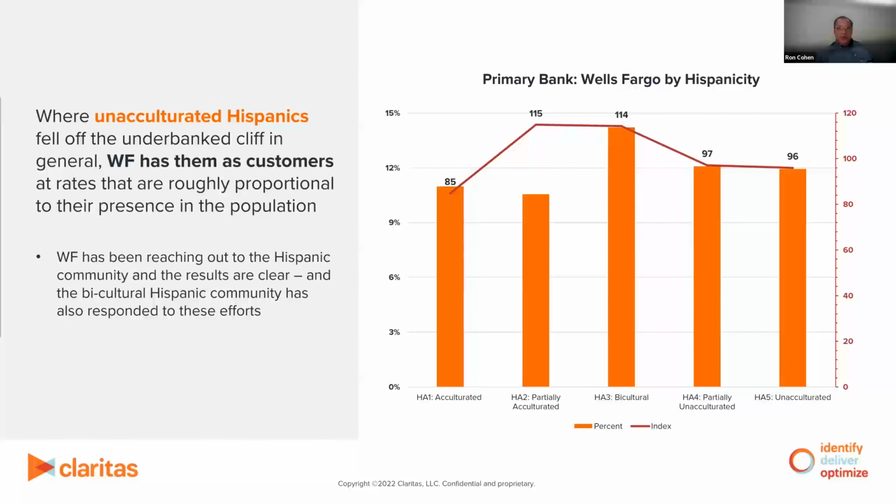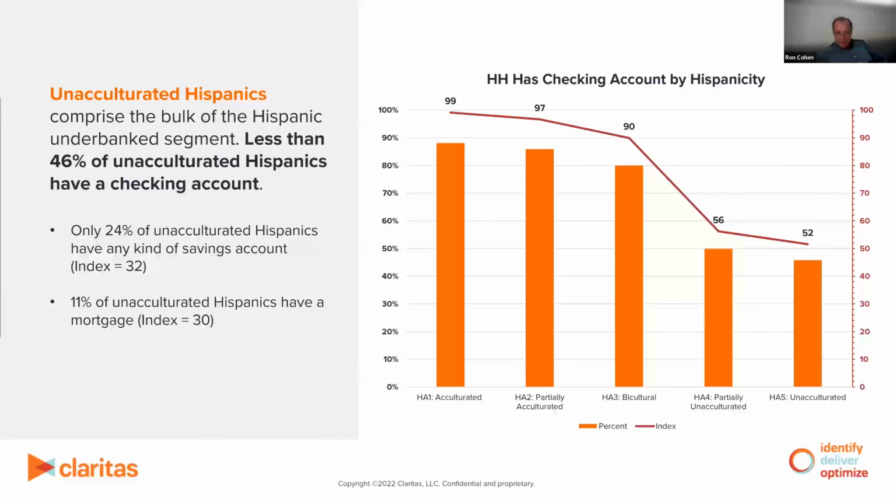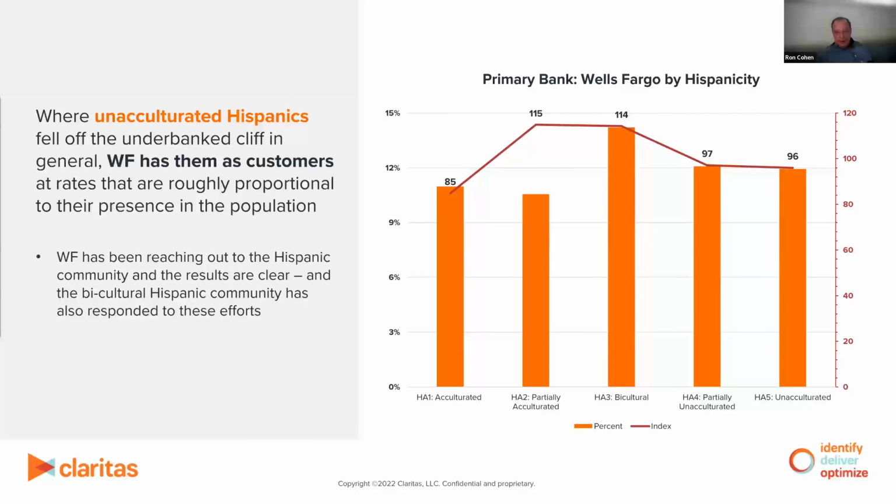You remember the underbanked cliff that the unacculturated Hispanics fell off of a couple slides earlier. Here it is. Now look at Wells Fargo's Hispanic customers. Okay, there's a little cliff, but they're basically at average, just below. Remember, they were less than half for any bank for being underbanked. This is Wells Fargo Hispanic customers by level of acculturation.